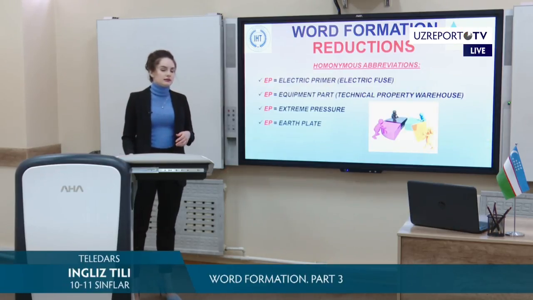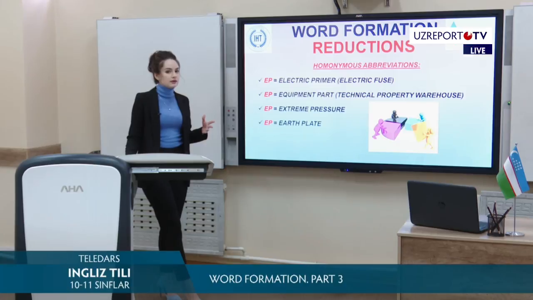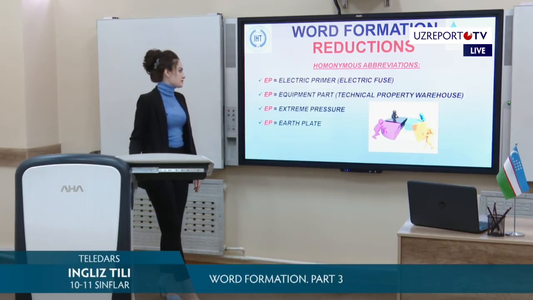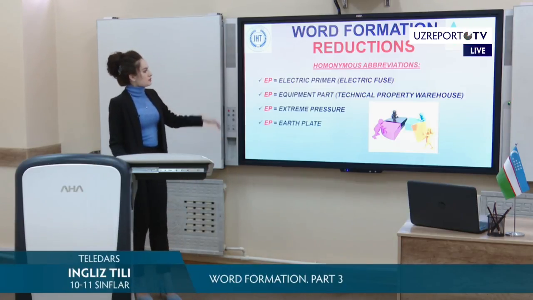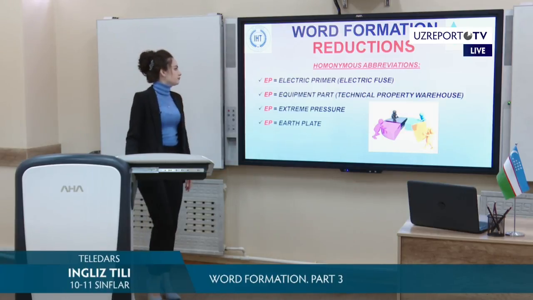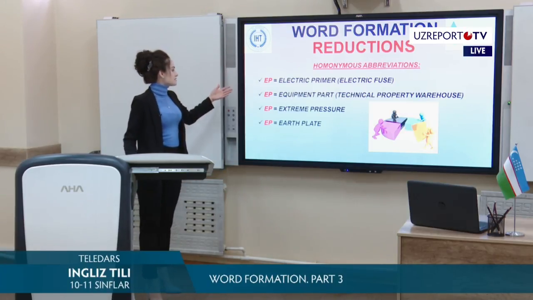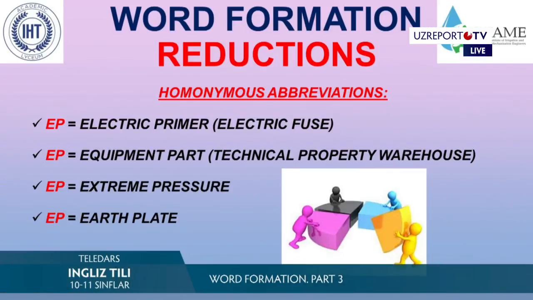Now let's discuss some concrete situations in reductions. Please, homonymous abbreviations. Sorry. Can you see that here I fixed 4 abbreviations? All these 4 abbreviations are similar, but their meanings are absolutely different. The first one is electric primer. We use it when we talk about electricity. It's quite a professional definition. Next one is equipment part. It's also about some technique.